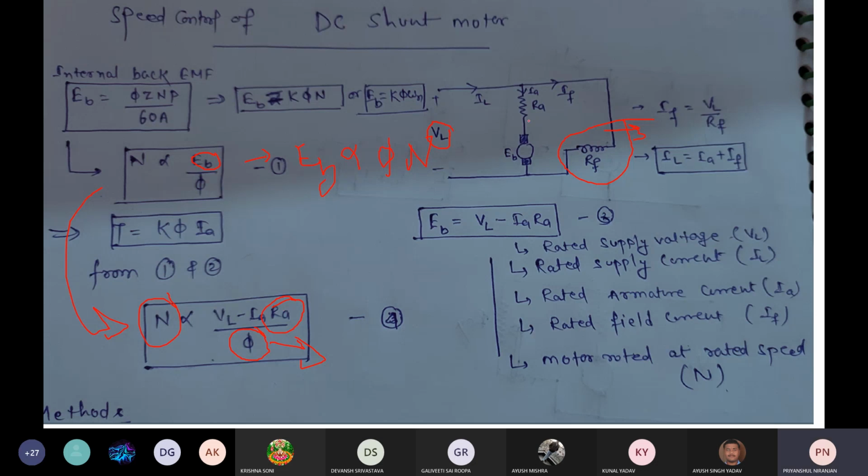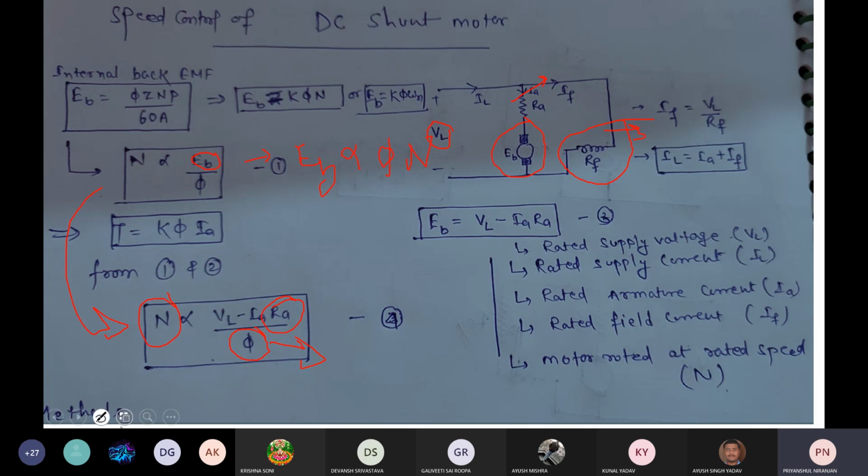RA is the armature winding resistance, so when we disturb the armature winding, we disturb the armature current and control the speed. So this is the method: we have to study armature current, armature resistance and field winding.